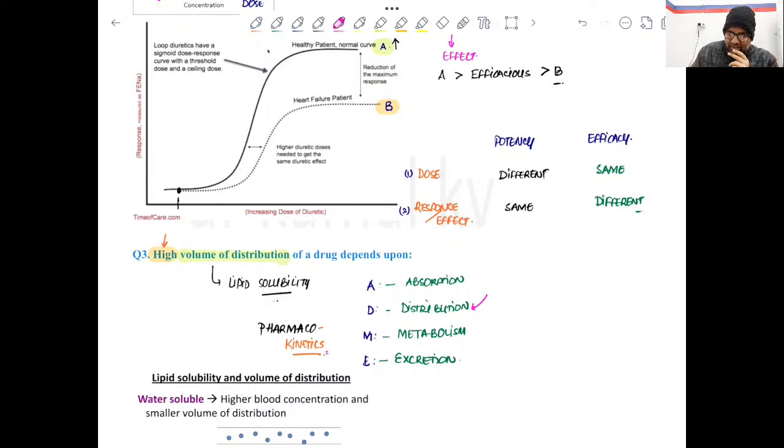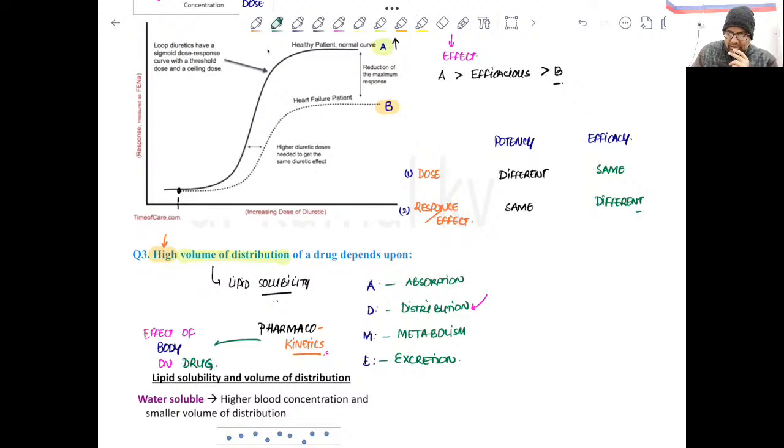And what is pharmacokinetics? Effect of body on drug. Clear?